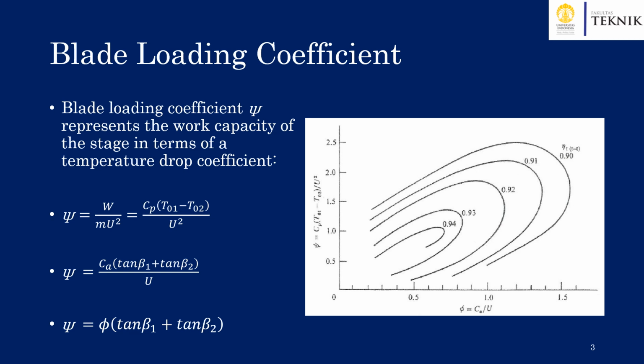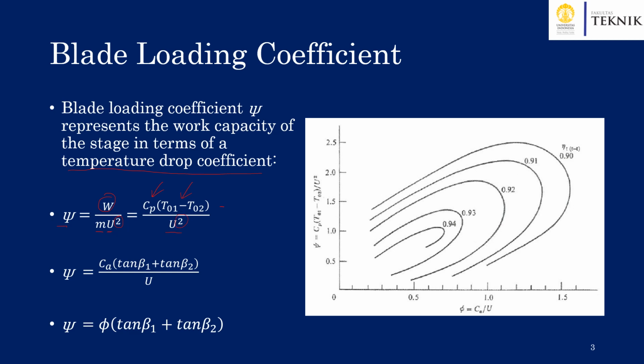This parameter represents the work capacity of the stage in terms of temperature drop coefficients, and we can get the blade loading coefficient as work divided by mass flow rate multiplied by blade velocity to the power of 2, or we can calculate it from the heat capacity multiplied by the temperature difference between the inlet and outlet of the rotor, divided by U to the power of 2.